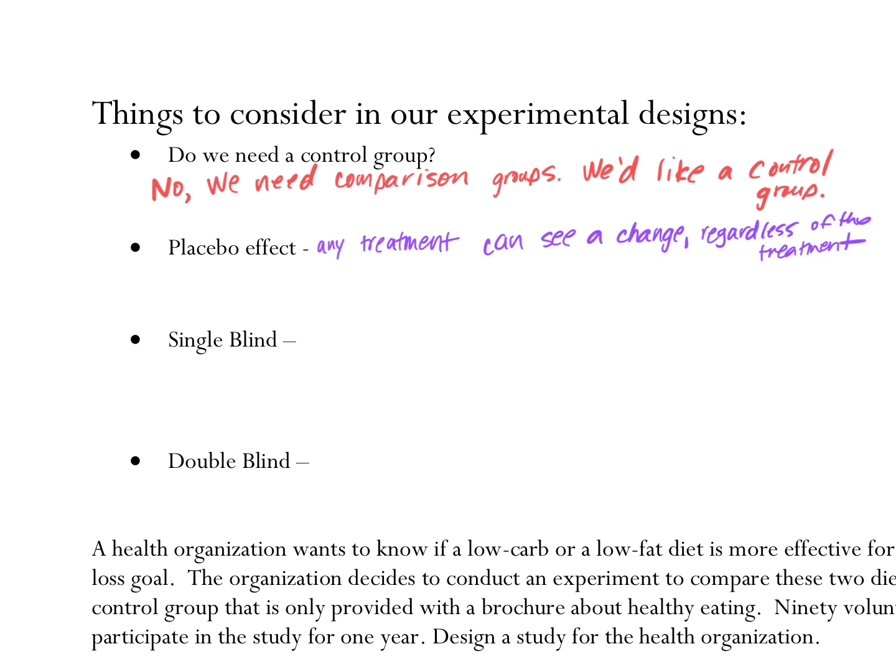So what we do is, when we give somebody a placebo, which is kind of like a control group, we give somebody a fake treatment. Like sometimes we call it a sugar pill if it's in pill form.